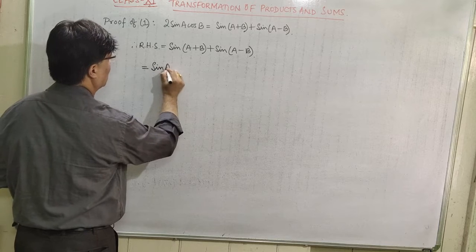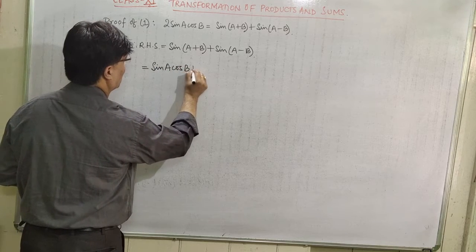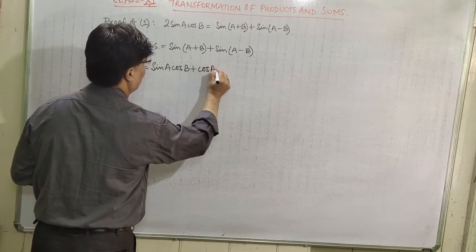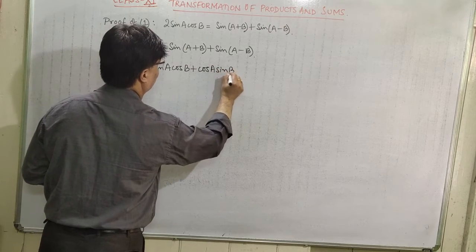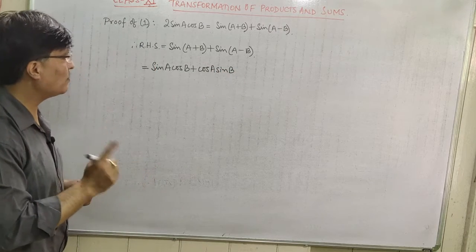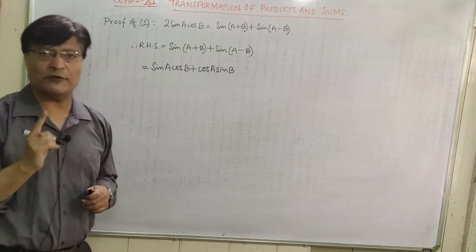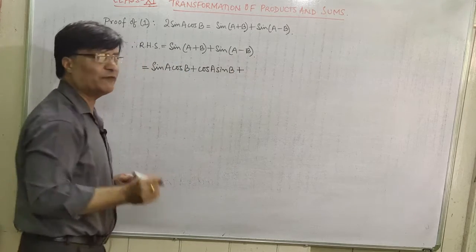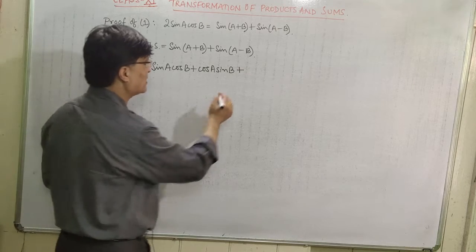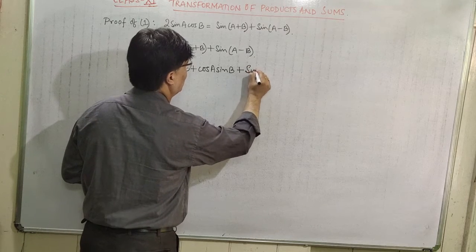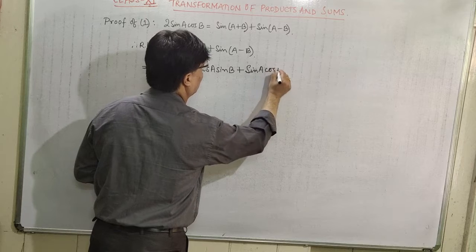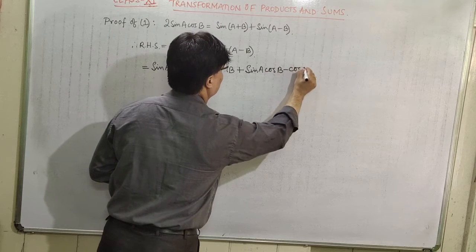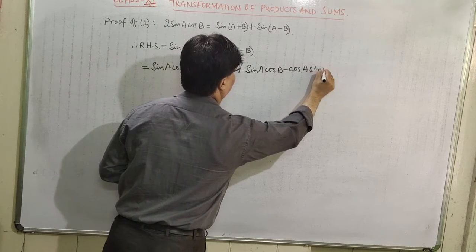It is sine a cos b plus cos a sine b. Plus, next, what is the formula for sine of a minus b? You know that, right? So it will be sine a cos b minus cos a sine b.